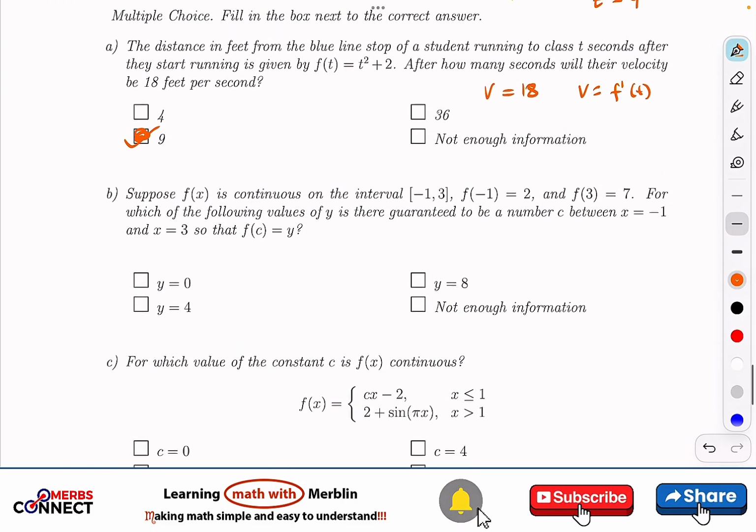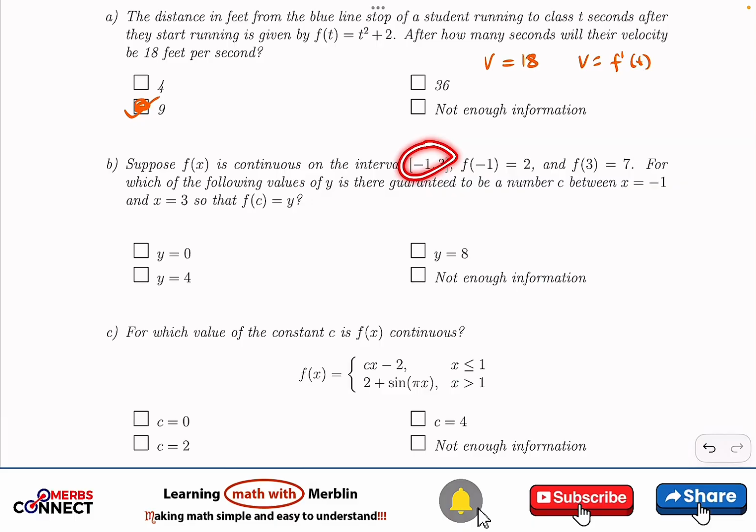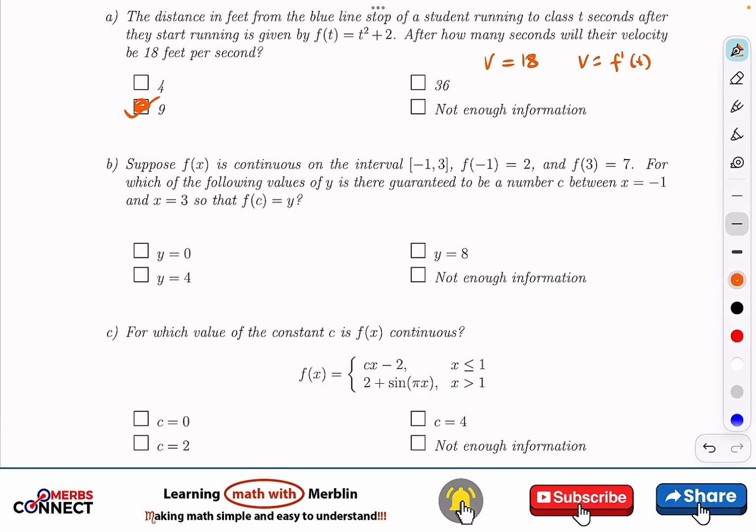Okay. Now let's look at question 6b. Suppose that f of x is continuous on this interval, and we have f of -1 to be this, f of 3 to be this. Which of the following values of y is guaranteed to be the value of f at some c between these? Okay, so this is the intermediate value theorem. So we have c, which is in between -1 and 3.